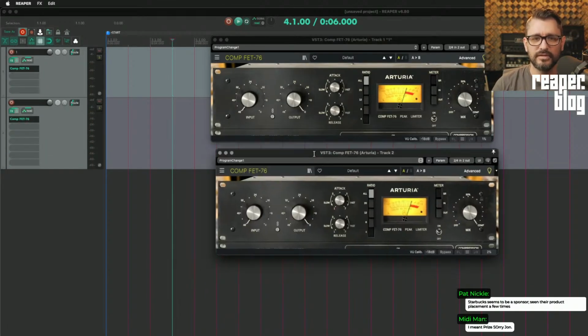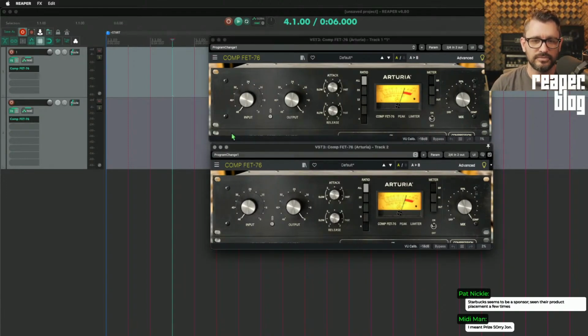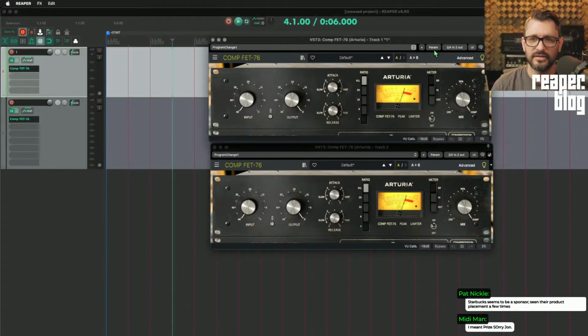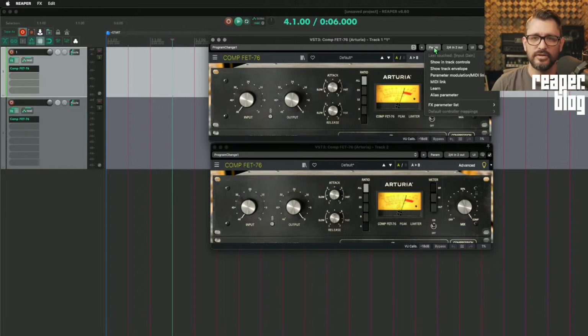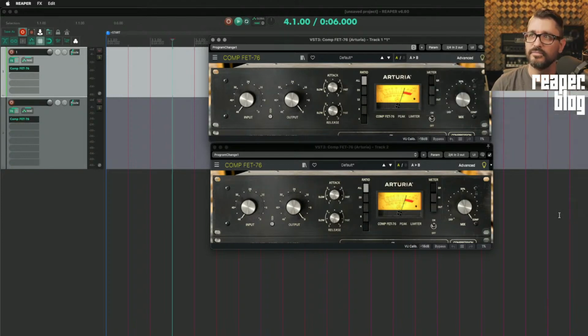If we want to make changes to these, we'd have to make those changes individually or through various means like MIDI linking. I would take the input parameter, go to parameters, MIDI link, make a 14-bit MIDI link, and have a parameter that would receive that from a controller.